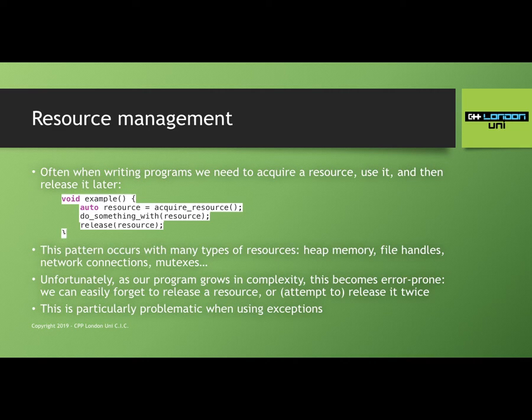And in C++ in particular, this is problematic because of exceptions, because in general, we have to assume that any function call may throw an exception, and an exception, if it's not wrapped in a try block, is going to exit from the calling function immediately. We're just going to jump out of the enclosing scope. So if our do something with function threw an exception in this case, the release line would never be run.